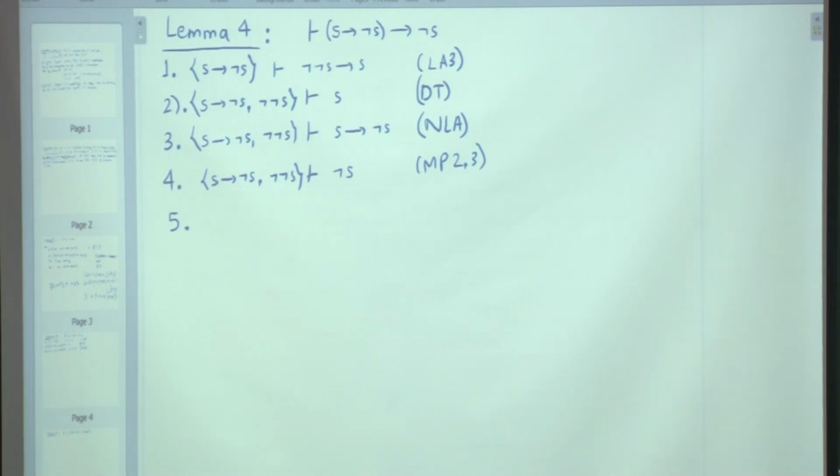Lemma 9? No, lemma 9 is for proving inconsistency and should not be used in any formal proofs. But the proof of lemma 9 uses lemma 2. So let us use lemma 2.